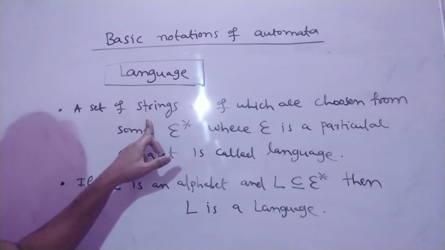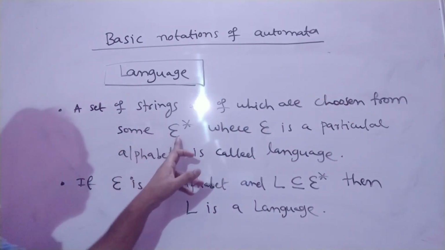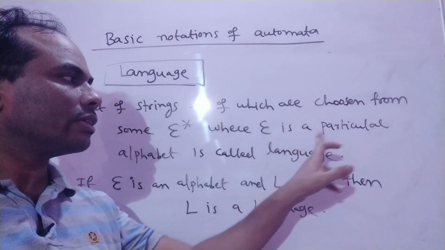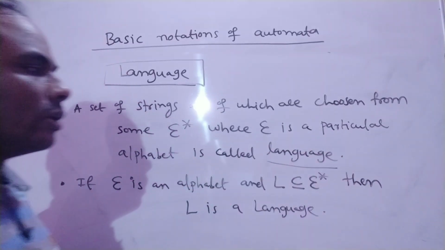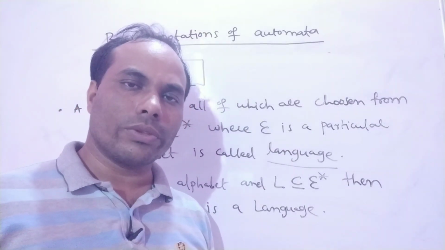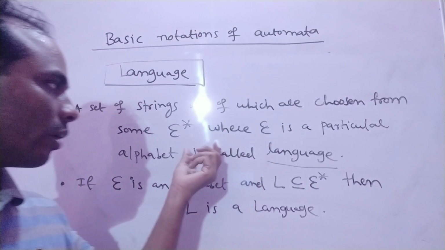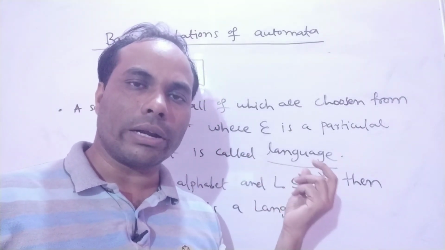A set of strings, all of which are chosen from some sigma star, where sigma is a particular alphabet, is called a language. So basically the language you are going to define is a set of strings. The set of strings you are taking from some sigma star. What is the sigma here? Sigma is any particular alphabet.